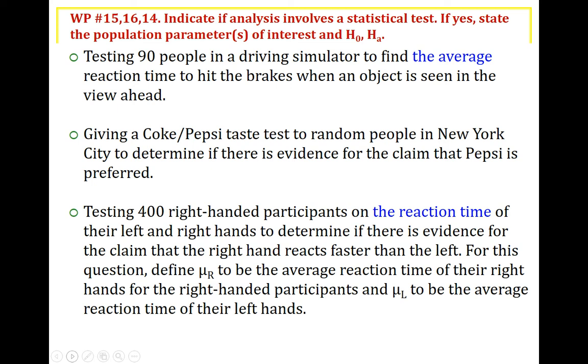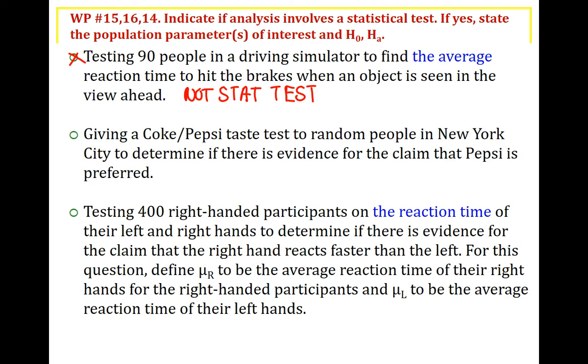There's no sleep deprivation. There's no having them text on their phone. There's no measurement. So this first one would be marked not a statistical test. You have no explanatory variable which you are measuring to see if there is a difference between two measurements.